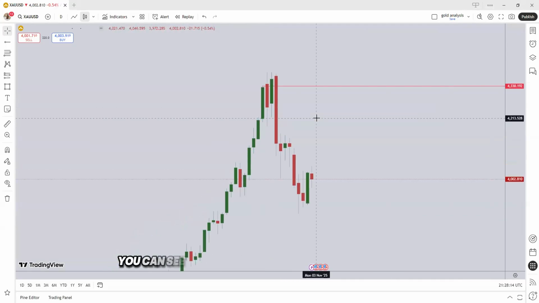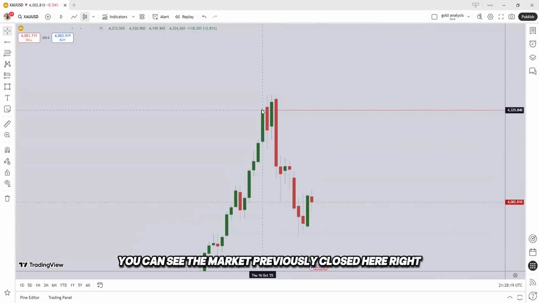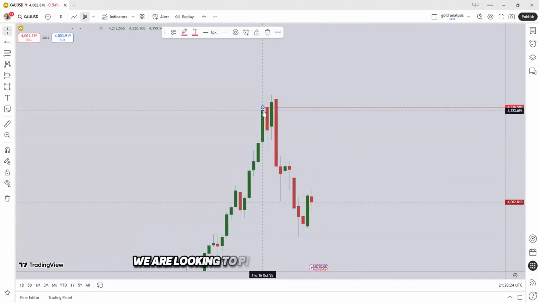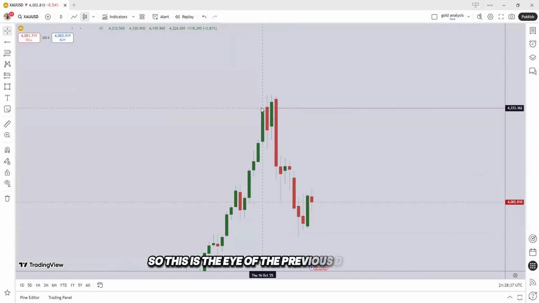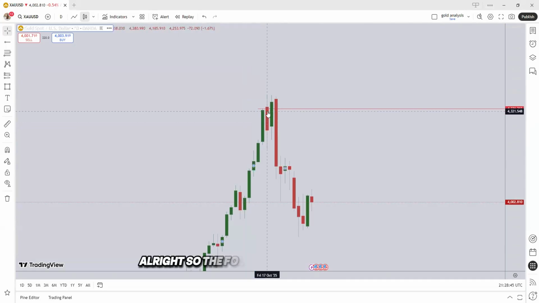You can see the market's previous day closed here. We are looking to pick out the highs of each day or lows of each day. So this is the high of the previous day. And the following day, we can see this bearish candle.